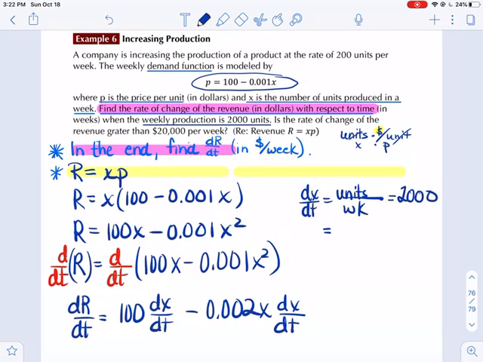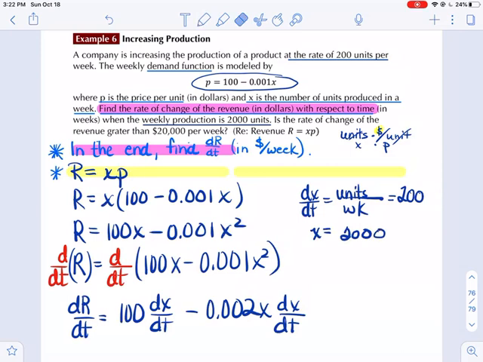And then we have the demand. So we have the rate. We're going to make 200 units per week. So it's the rate of 200 units per week, but x in this case is going to be 200, even though it sounds like it's a rate.